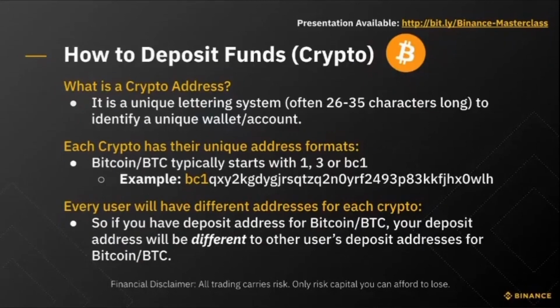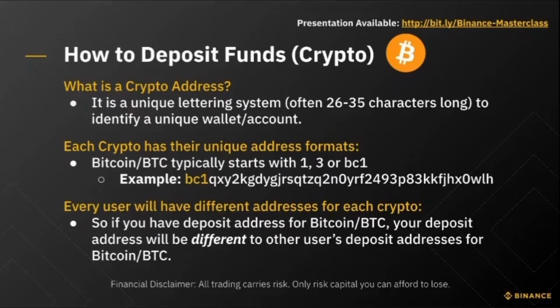Essentially, a crypto address is a unique lettering system. It's often 26 to 35 characters long, and it basically identifies a unique wallet account. Like an account number and sort code, a crypto deposit address is just a unique identifier. It identifies a certain wallet or certain account.